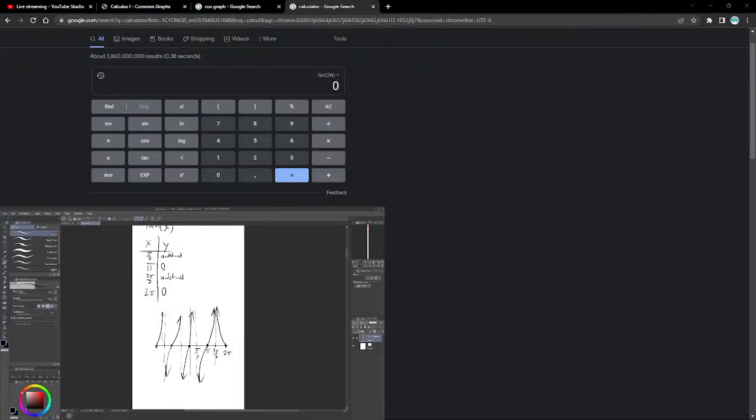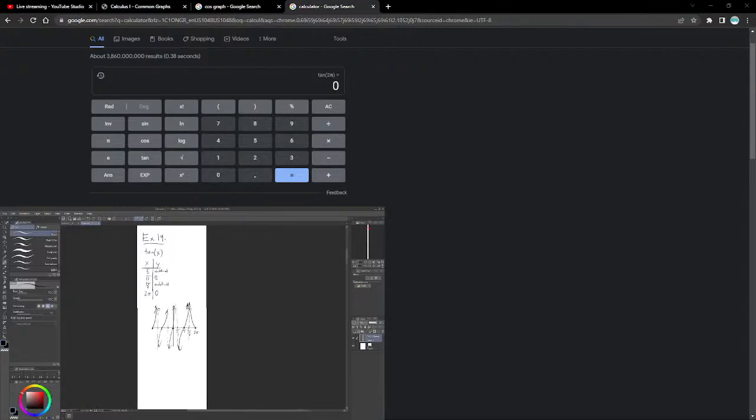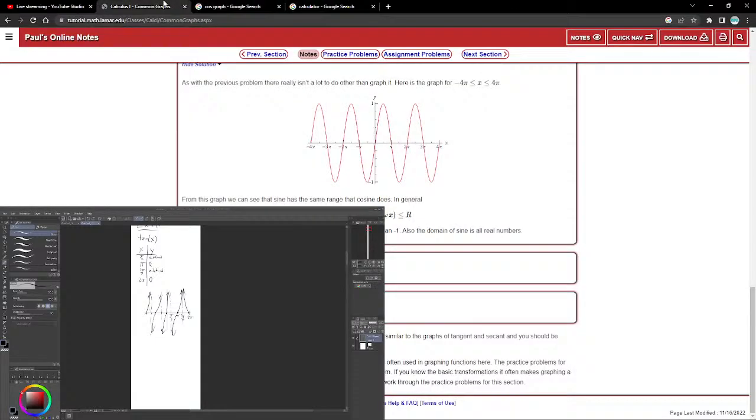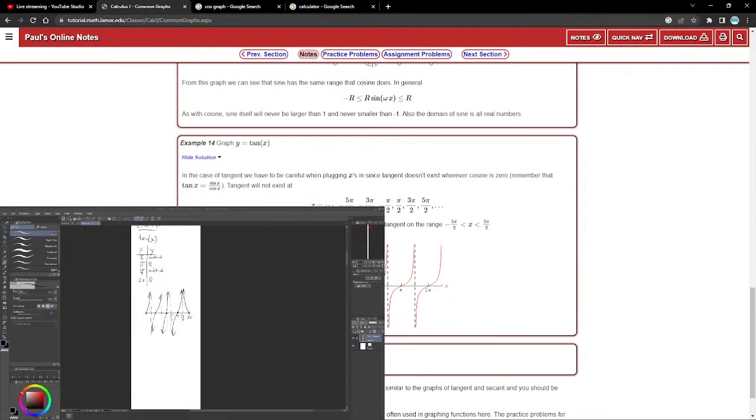It looks something like this. Sure, let's see. In the case of tangent, we have to be careful when plugging x's in, since tangent doesn't exist wherever cosine is 0. Remember that tan of x equals sine x over cos x. Tangent will not exist at these.